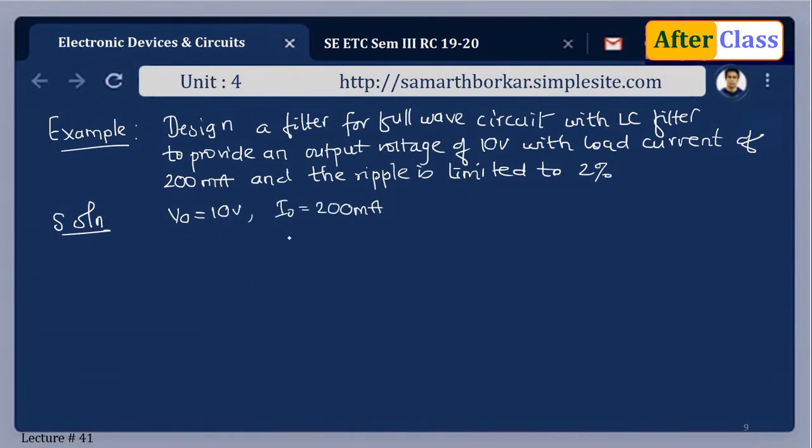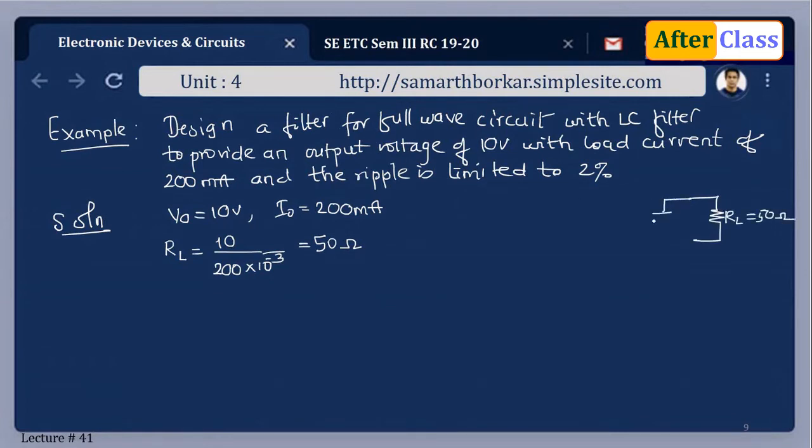If I know the output voltage and if I have the idea about the output current, I can easily find the output resistance, that is the load resistor. So it will be 10 volts divided by 200 into 10 to the power minus 3. So the answer is 50 ohms. So RL is 50 ohms.